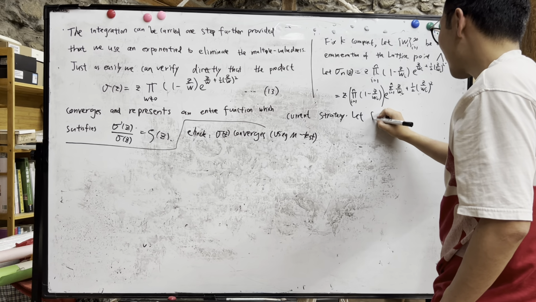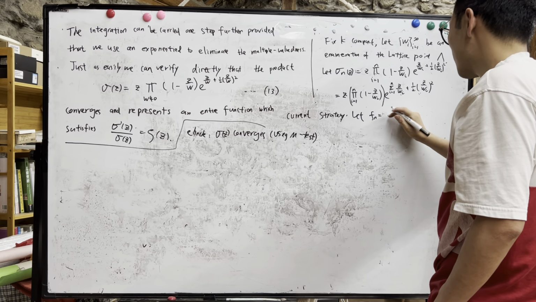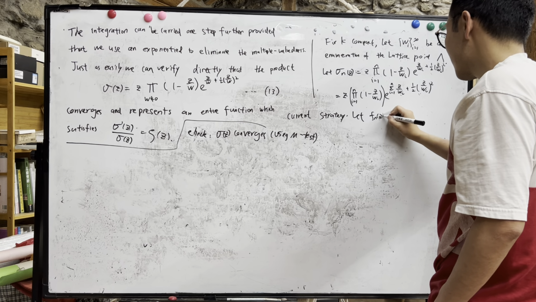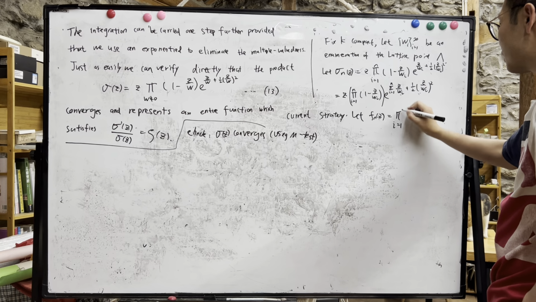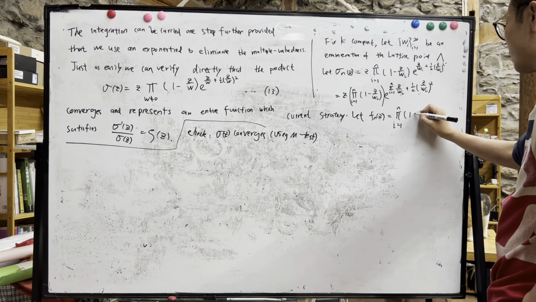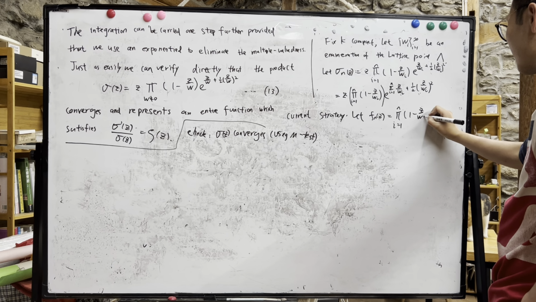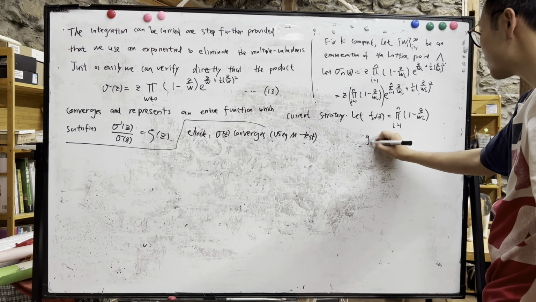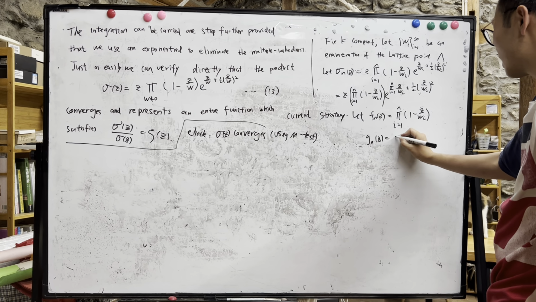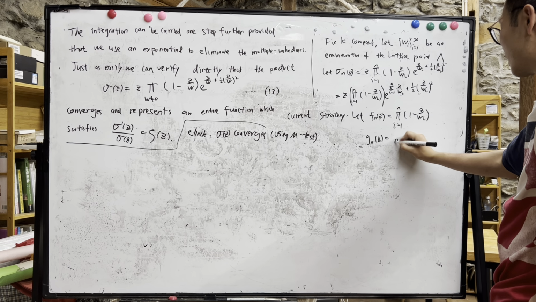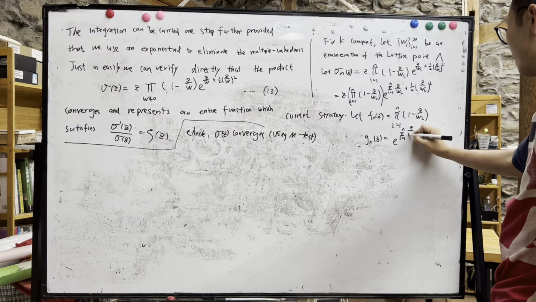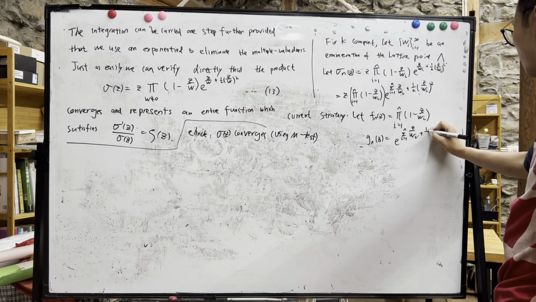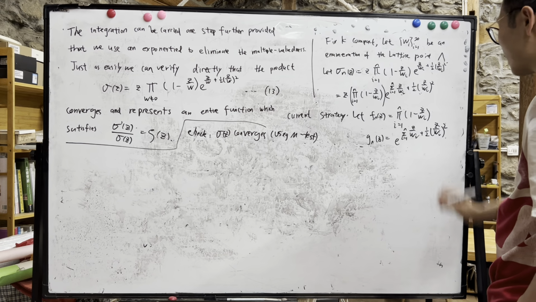Let f_n(z) be equal to the finite product over i from 1 to n of this factor, and g_n(z) be equal to e to the partial sums of z over omega_i plus 1/2 times (z over omega_i) squared.